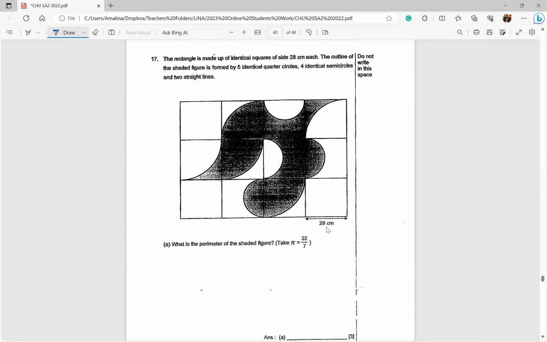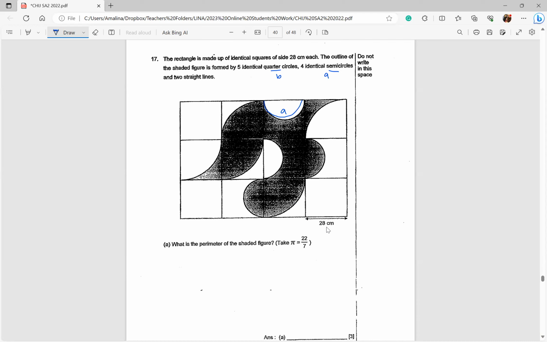Okay, so what you can do first is assign letters. We'll let my semicircle arc be A. So you see this arc here, I will make this as A. My quarter circle will be B. And then you will have your 2 straight lines later on. So if I mark this out as A, I will have to label my sides.